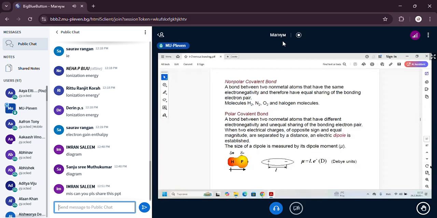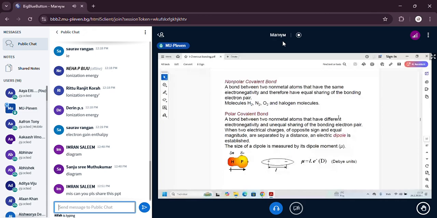So, a polar covalent bond we have when the bonding is between different atoms having different electronegativities. And as a result of these different electronegativities, non-equal sharing of the bonding electron pair is the result.